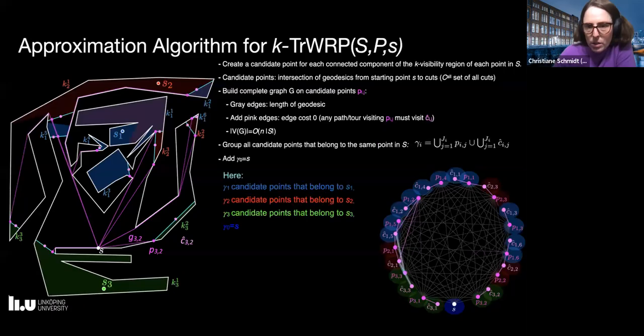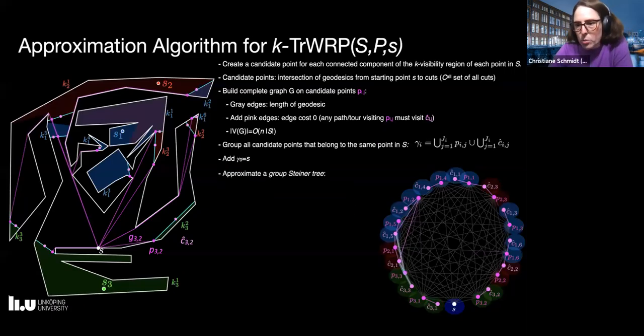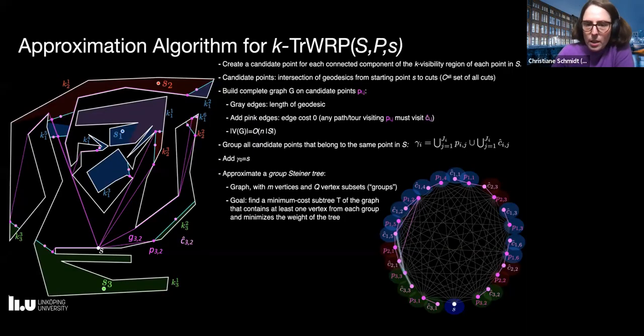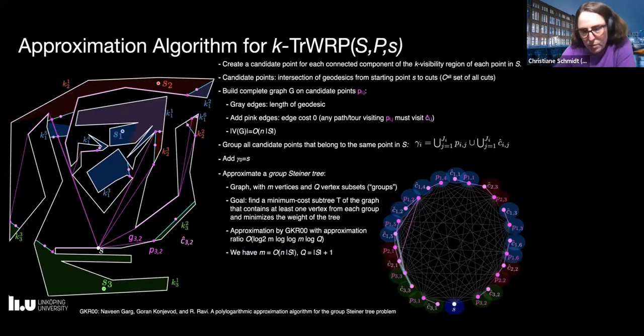It's done in a different way, and it's only an approximation. So we don't solve the group Steiner tree, we approximate it, and the approximation ratio for just that is of order log squared m log m log q, where m is the number of vertices in the graph and q is the number of groups that we have, where we need to visit one vertex per group. I see. Thank you.